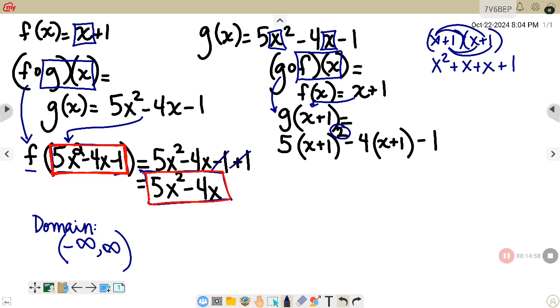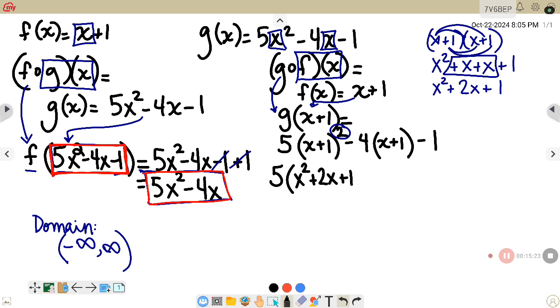When I combine the like terms in the middle, I will have x squared plus 2x plus 1. So that's what I have for the x plus 1 squared. So I'll just bring down the 5. X plus 1 squared ended up being x squared plus 2x plus 1.